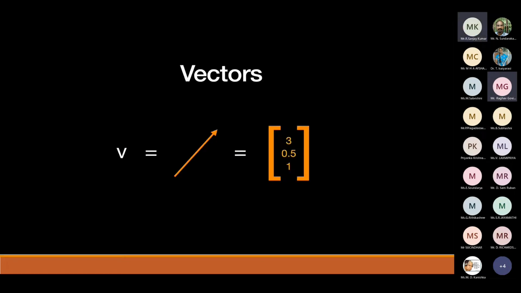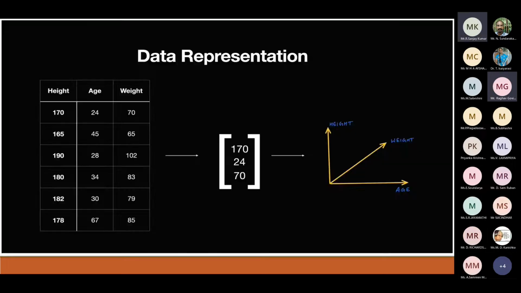We talk about linear algebra, which basically deals with vectors and operations on vectors. In NumPy, this might be just a one-dimensional array of numbers, but geometrically it has both magnitude and direction. So our data can be represented using a vector.